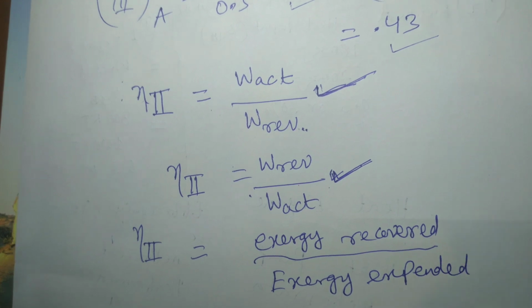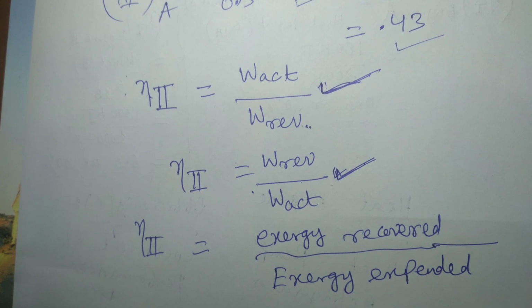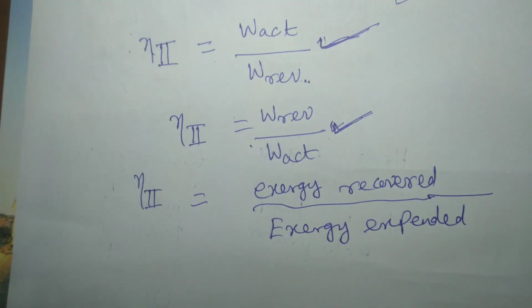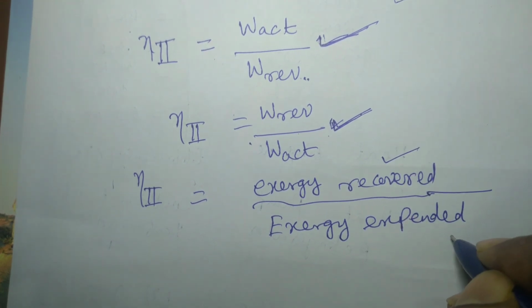Exergy is nothing but work potential. What is the maximum potential of useful work that can be extracted from a source? What is the maximum useful work that can be extracted from certain heat input or certain form of work or enthalpy? That represents your exergy. So second law efficiency is the exergy recovered divided by exergy expended.